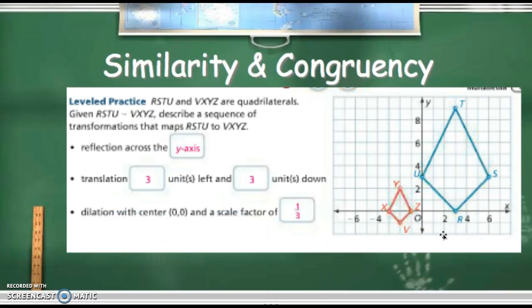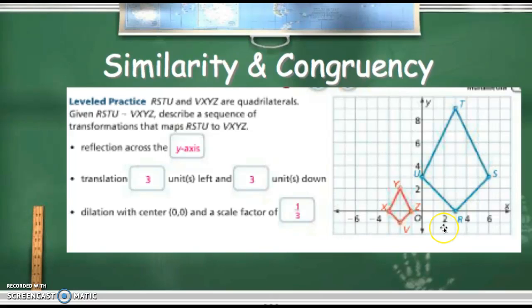Well, we know that RSTU and VXYZ are quadrilaterals. So given that RSTU and VXYZ, describe a sequence of transformations that maps RSTU to VXYZ.